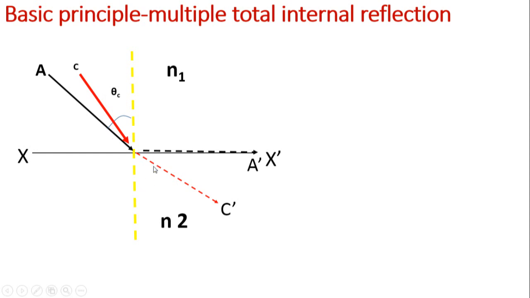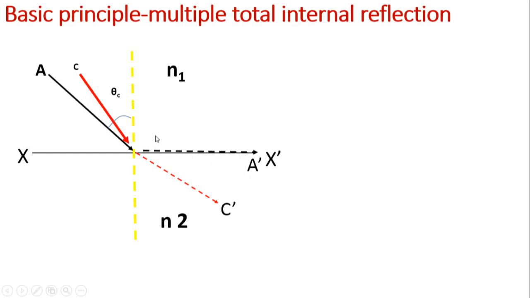If the angle of incidence is increased in the denser medium, the angle of refraction also increases, until the ray just grazes along the interface. That is A dash. C dash is the refracted ray of C, and A dash is the refracted ray of A.